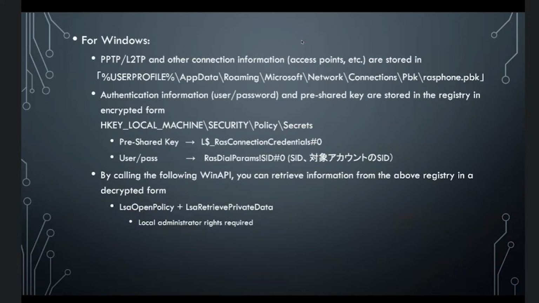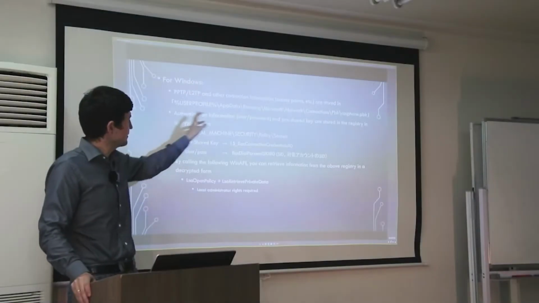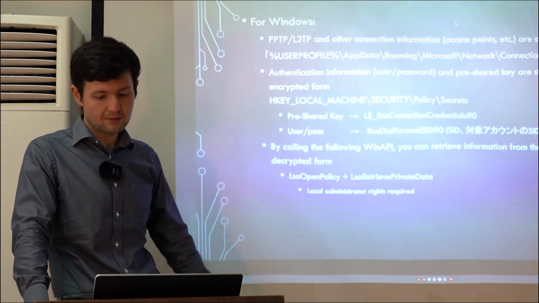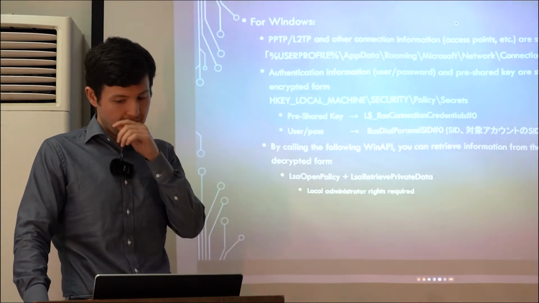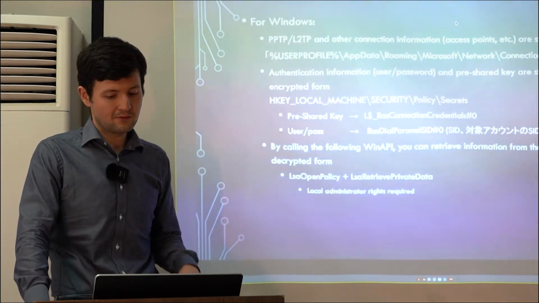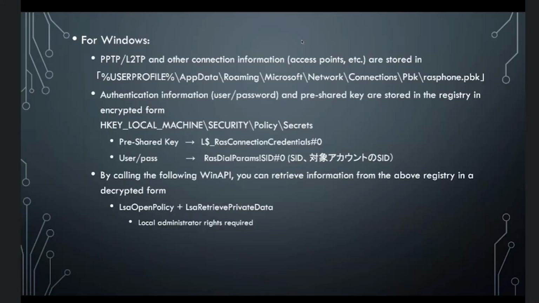The PPTP L2TP connection information is stored in this path: AppData, Roaming, Microsoft, Network, Connections, and rasphone.pbk. That was used in the past for dial-up connections as well.